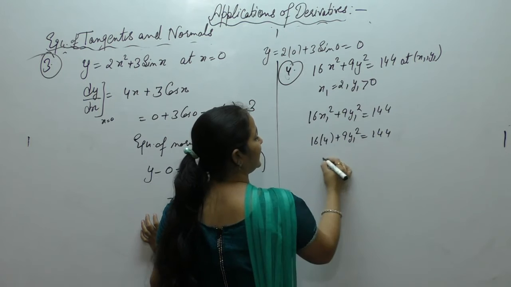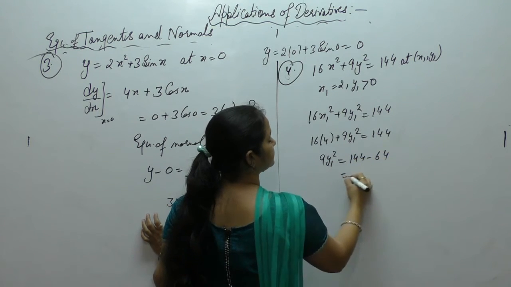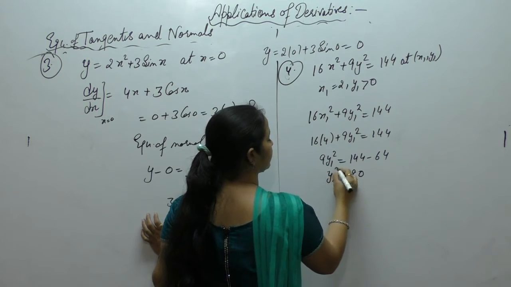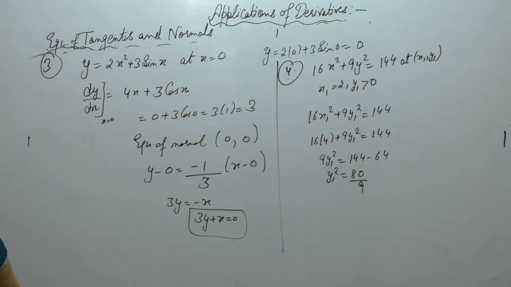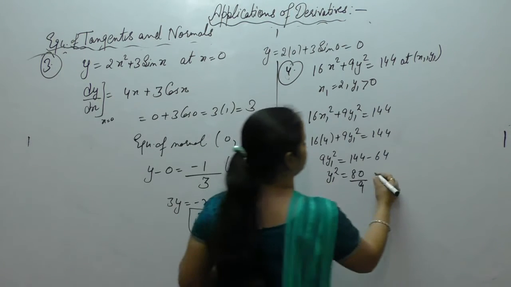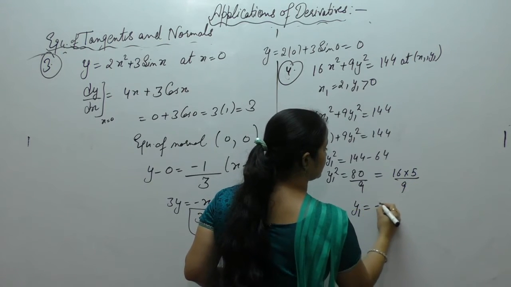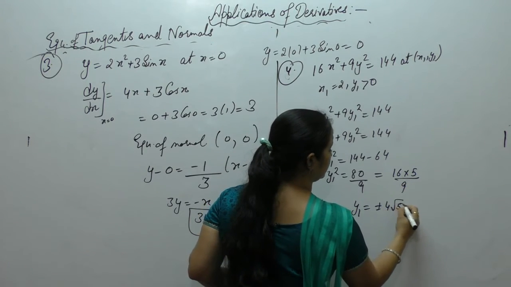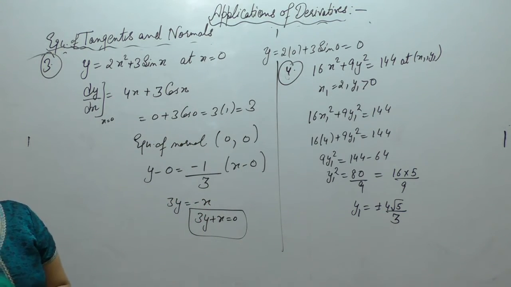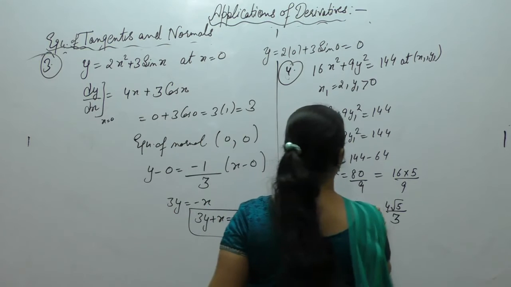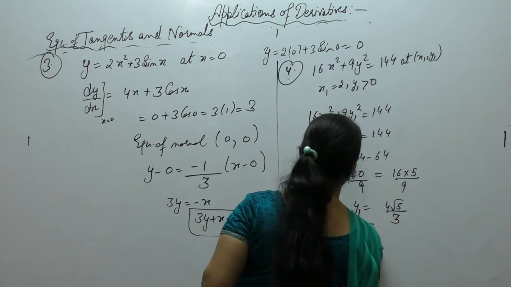From here we can find the value of y1: 16 into 4, y1 square is 80 upon 9. So y1 is 4 root 5 upon 3. So this is the point through which the curve passes.